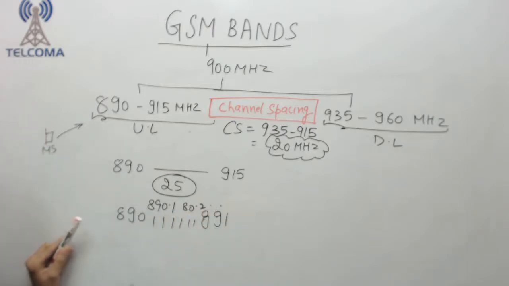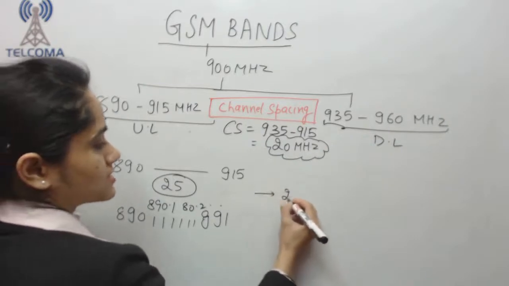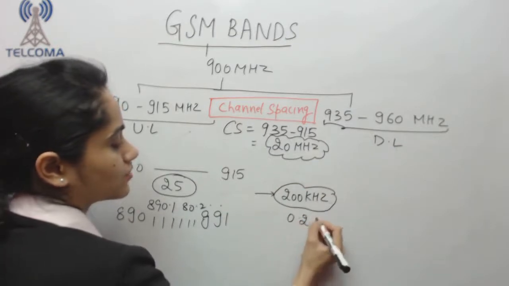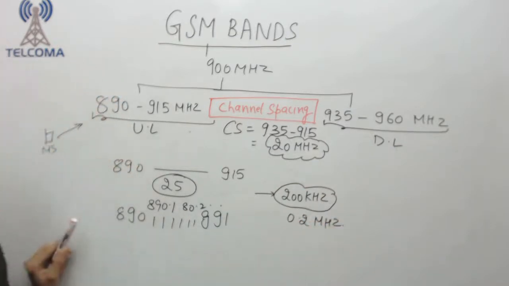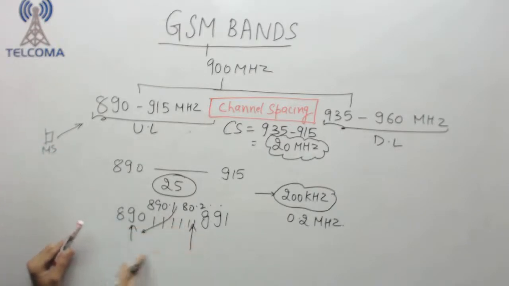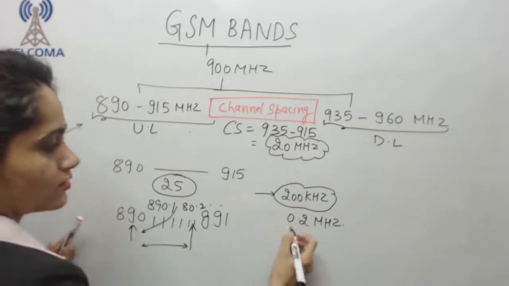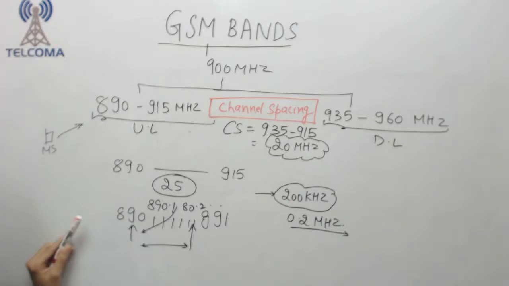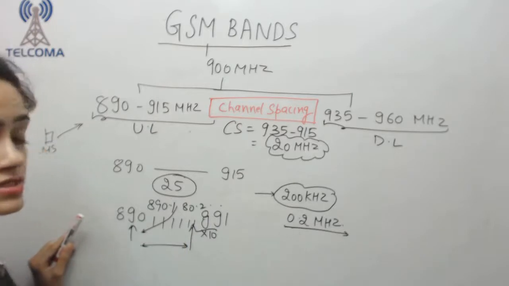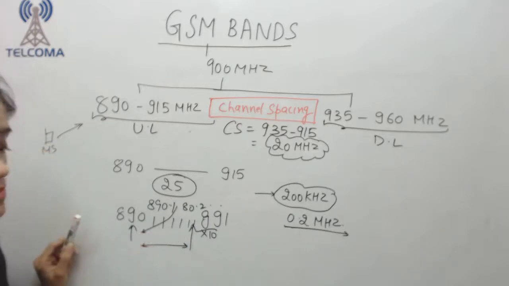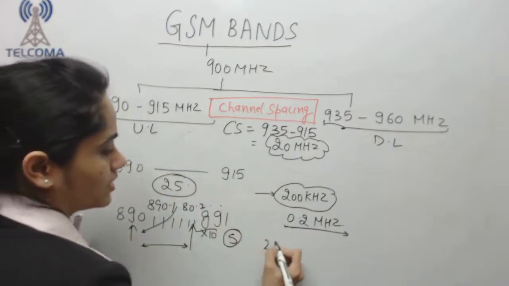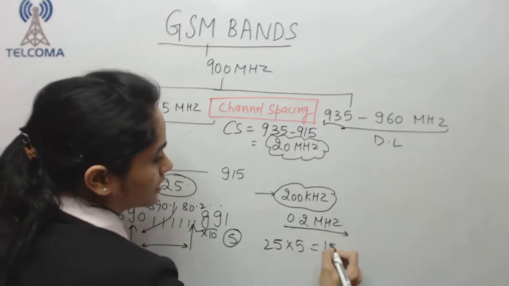Here we require spacing of 200 kilohertz or 0.2 megahertz between the carriers. So if we use 890, we have to leave 890.1 and use 890.2, because we need a gap of 0.2 megahertz. That means we have 10 divisions, but we neglect some because we need to provide space to avoid interference, so we are left with only 5. We multiply 25 by 5 and get 125.